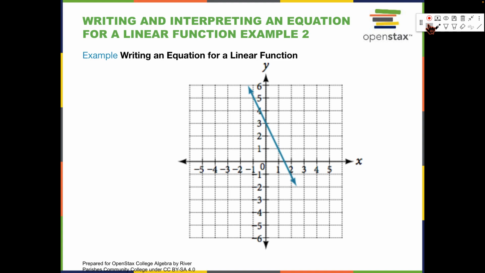What if they give us a graph? How do we write the linear equation? Well, we know we're going to have y equals mx plus b. So looking at the graph, what's part of the equation that might pop out right away?